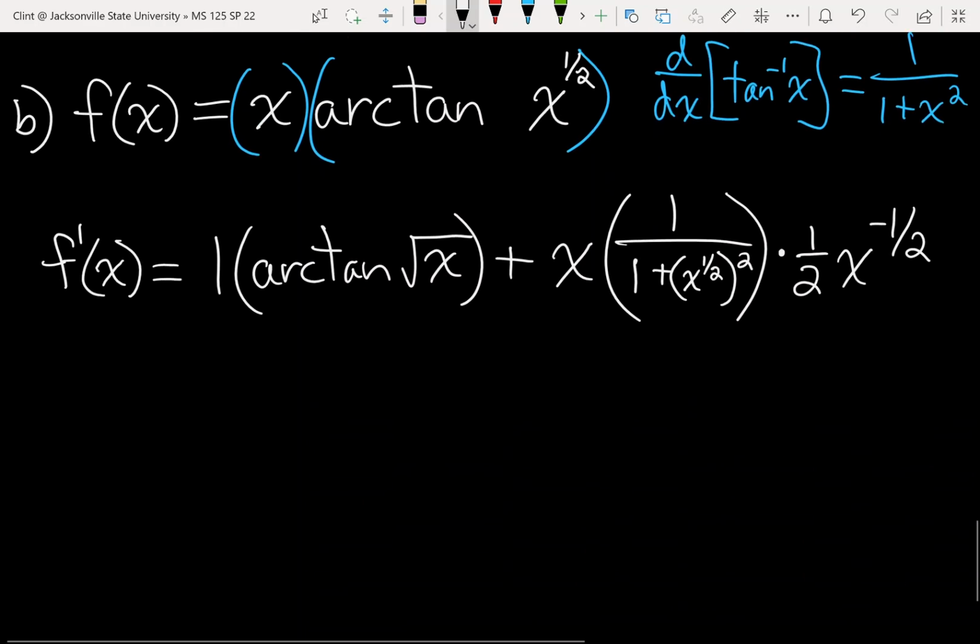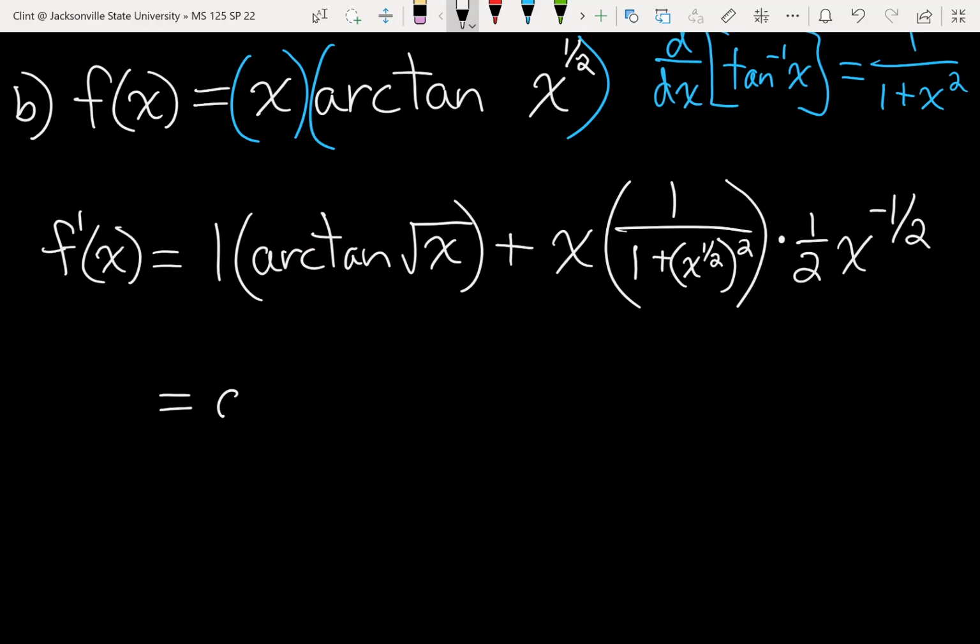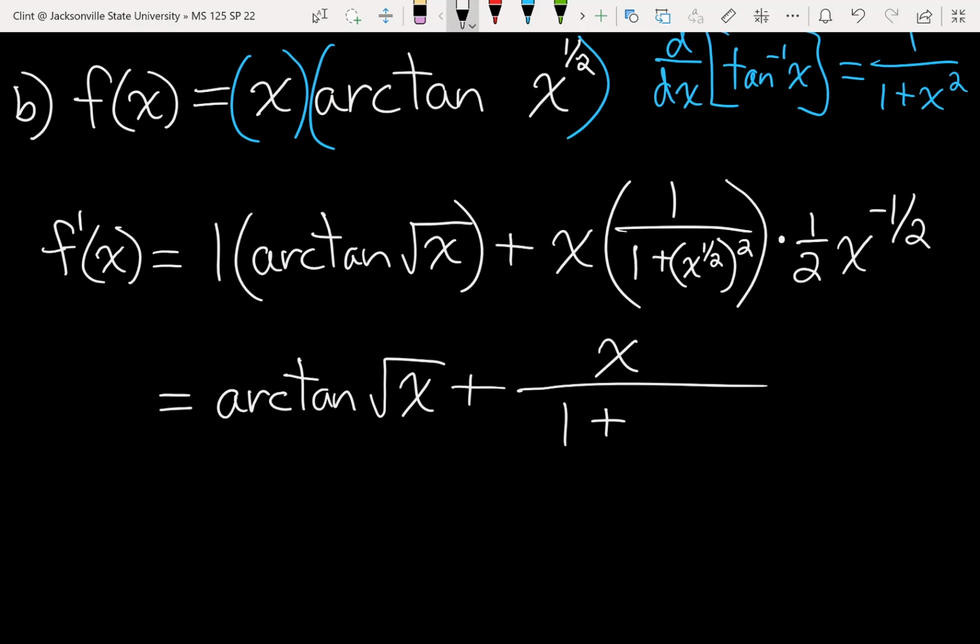So if we clean that up a little bit, let's see, that is arctangent square root of x plus, let's see, we have x on the top, and then 1 plus x on the bottom, and then that's times 1 over 2 square root of x.